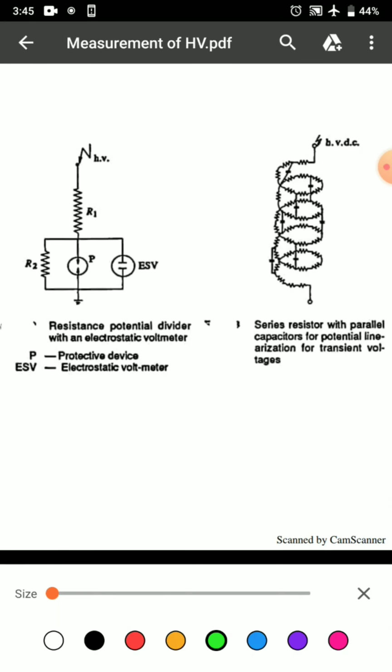Here we have resistors R1, R2 with a protective device in order to protect the elements connected, and the values are measured using electrostatic voltmeter.